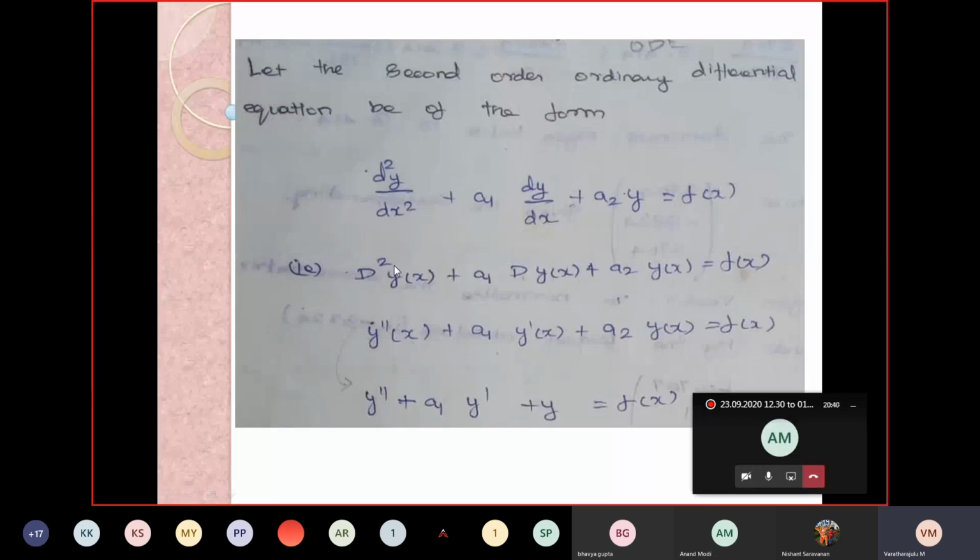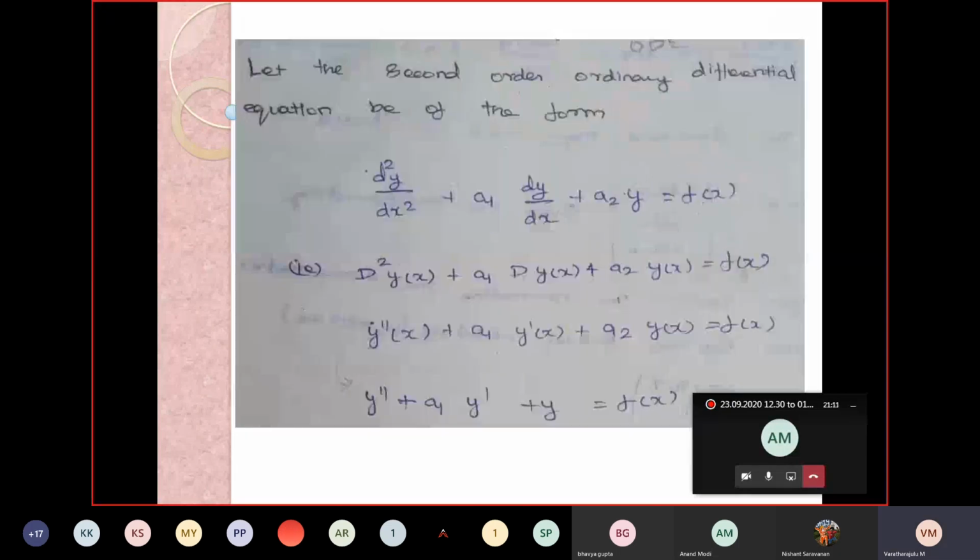This can be rewritten in the form y double dash of x plus a1 y dash of x plus a2 into y of x is equal to f of x, where y is a function of x. It can also be simply written as y double dash plus a1 y dash plus a2 y is equal to f of x. These are the various forms of usage of differential equations.